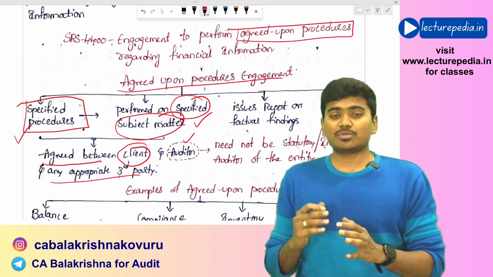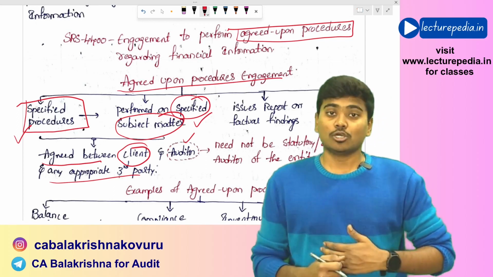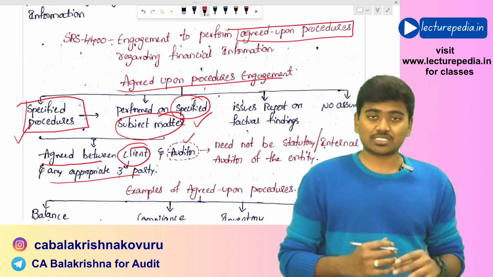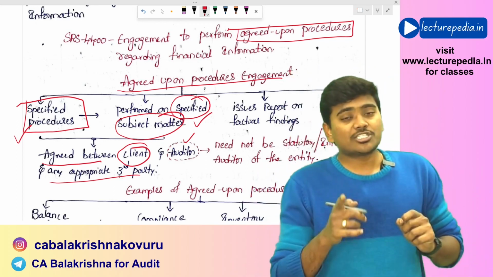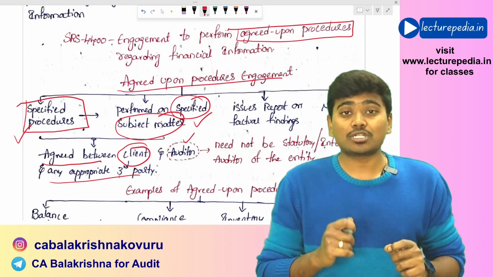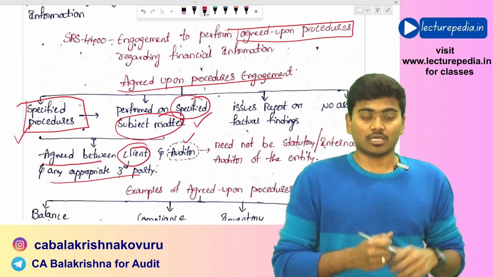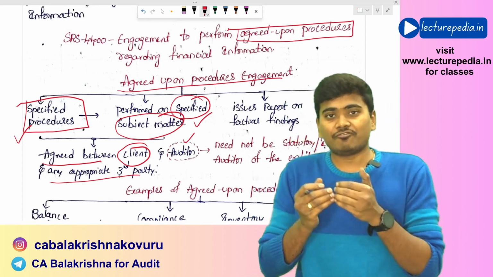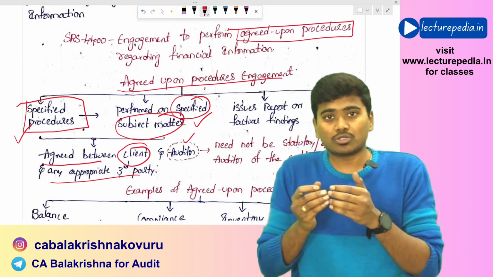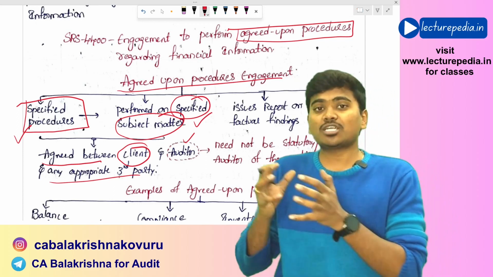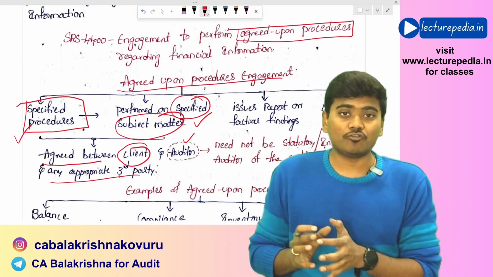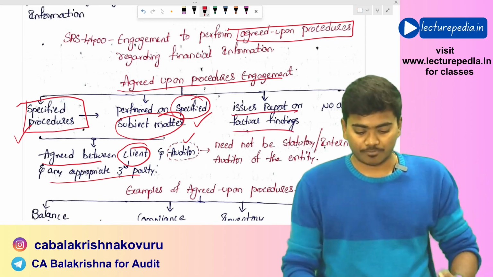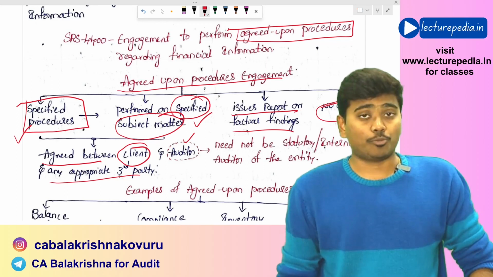And after performing these agreed upon procedures, the auditor will not give assurance, he will just report the factual findings. By performing these procedures he would have come to know certain facts. Those facts will be communicated to the management in the form of a report. So he issues a report on factual findings and no assurance will be provided.